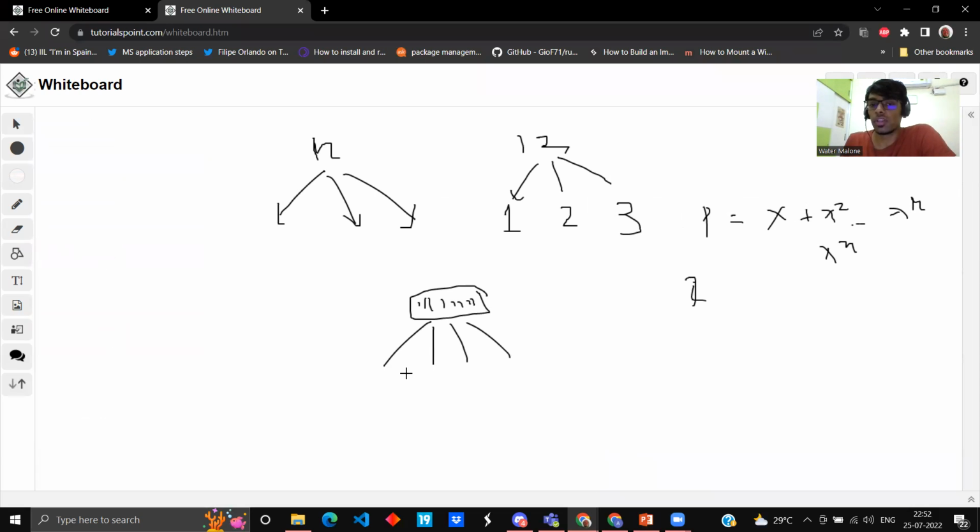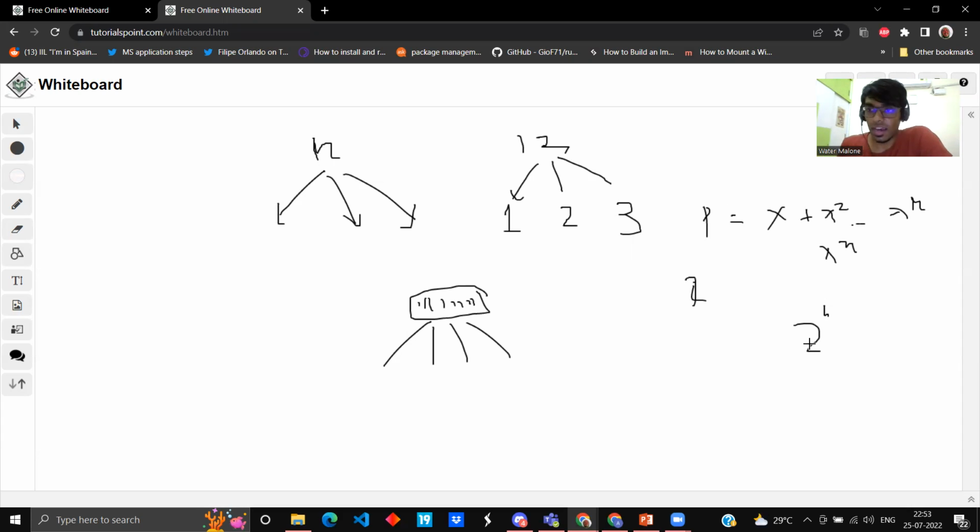To compute all these prime factors is not so simple. You can't do it in polynomial time. It usually takes exponential time. So this makes it very difficult to factorize them.